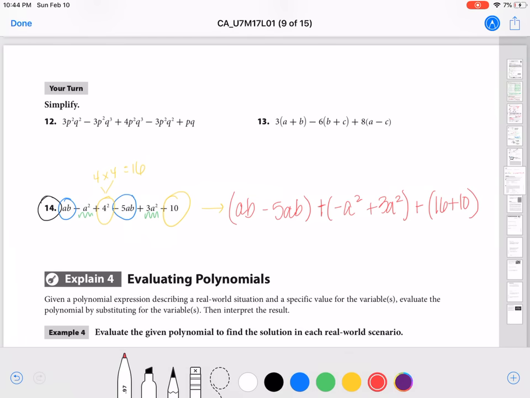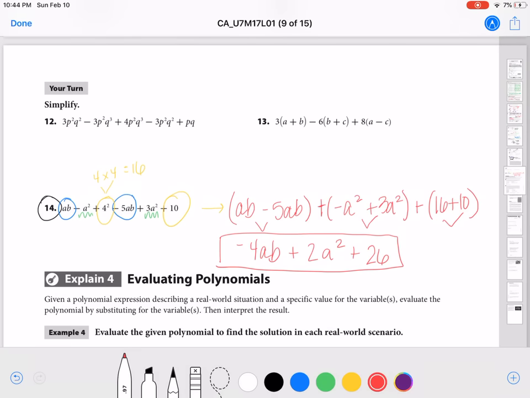Okay, and so if I go ahead and simplify this, I'm going to have negative 4ab, let's see, plus 2a squared plus 26.